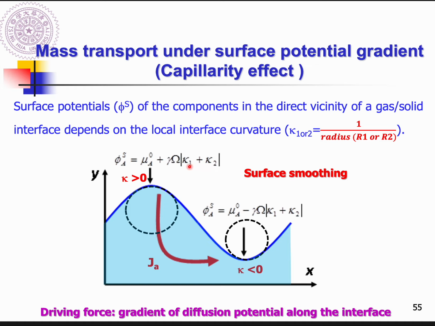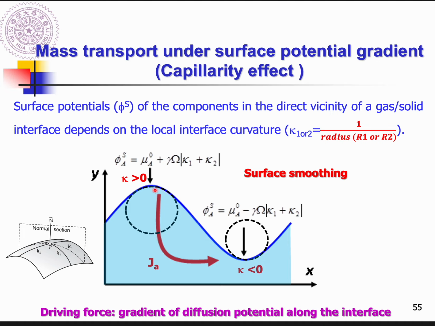Kappa is the curvature. Kappa 1 and kappa 2 describe a curved surface. For example, like this, in order to well describe any curved surface, normally people will use the curvatures kappa 1 and kappa 2, each the reciprocal of a radius, to describe this curved surface.